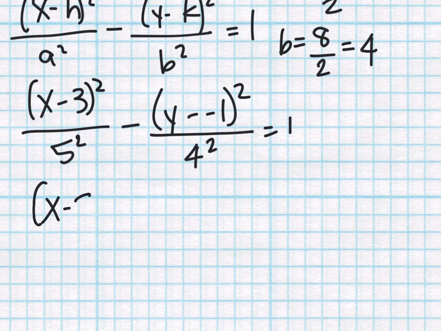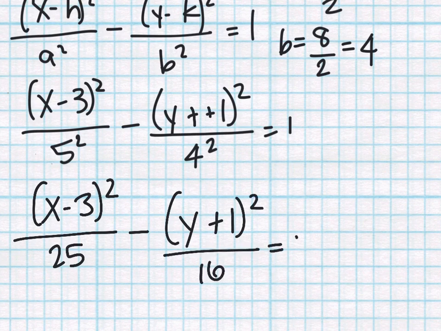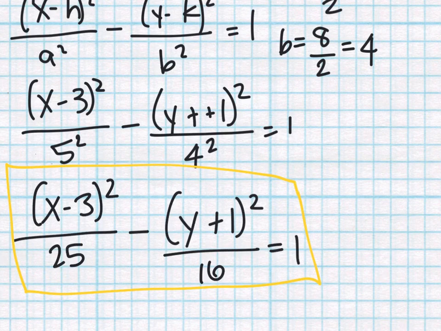That's just (x minus 3) squared over 5 squared, which is 25, minus (y minus -1), where the negative turns into a positive, so (y plus 1) squared divided by 16 equals 1. And this is the final form of that equation. That is the standard form.